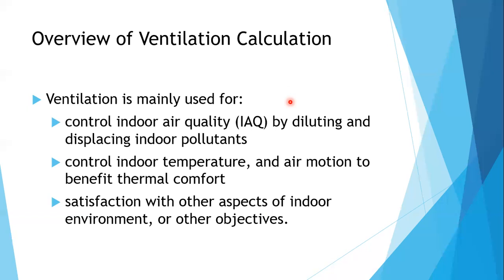For example, there are air dilution or exhaust requirements or any other objectives. So the first 2 objectives are, first, to have a breathable space, to improve the indoor air quality suitable for breathing. Second is to control the temperature. And third, any other requirements that need to be satisfied within the space. So those are the 3 purposes of ventilation.